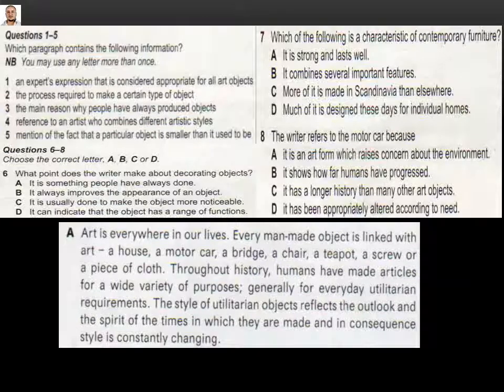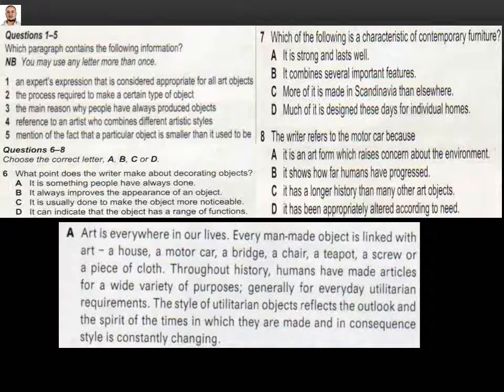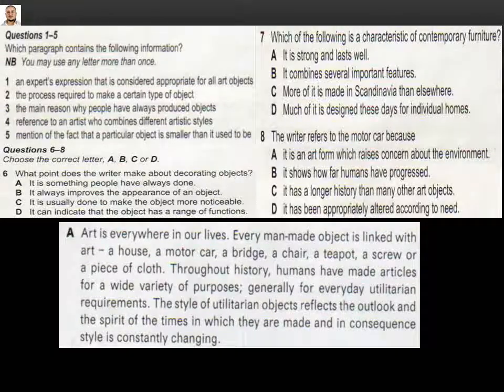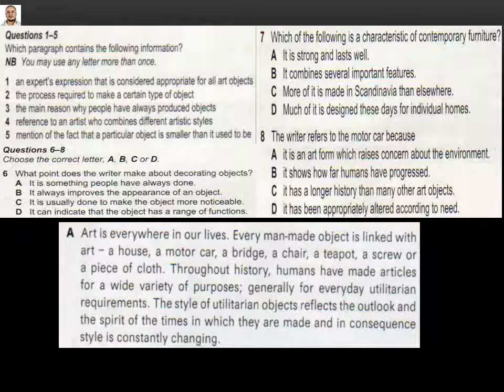How? It's in every man-made object, art. Also, throughout history humans have made articles for a wide variety of purposes. This is the main reason, for a wide variety of purposes.